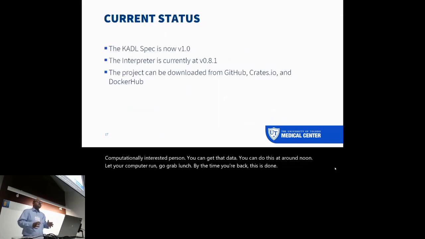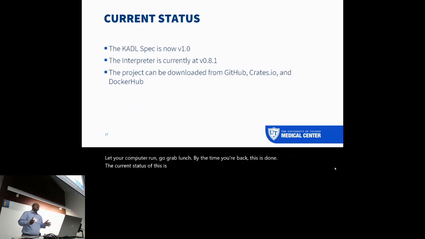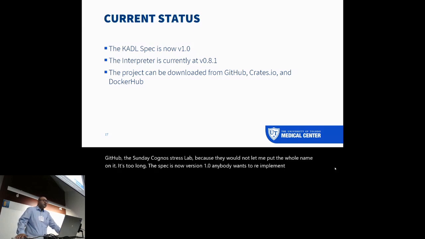The current status of this is that we have the KADL spec finalized. That's available on our GitHub. It's on the Cognis Res Lab, because they would not let me put the whole name on it. It's too long. The spec is now version 1.0. Anybody who wants to re-implement it in C, please be my guest.